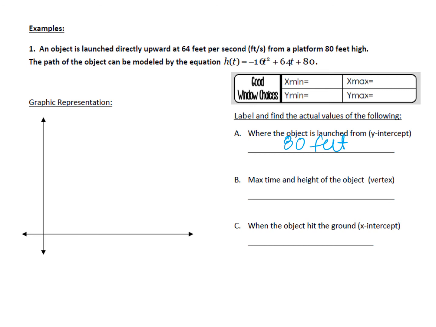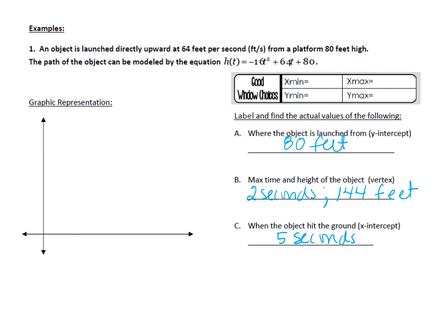So the maximum time was 2 seconds. And then the maximum height was the 144 feet. So there were 2 parts to that question. And then letter C, when the object hit the ground, the x-intercept, that was after 5 seconds.